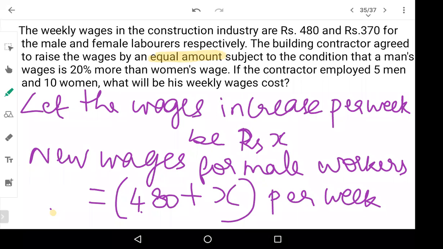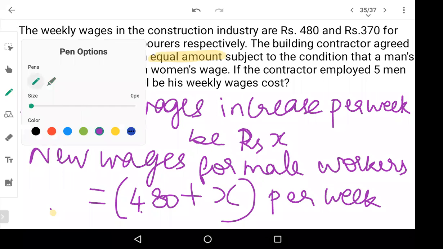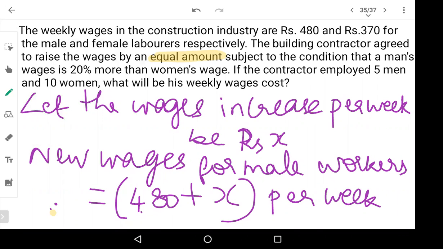Just underline that while you're writing the question. Equal amount they will increase subject to the condition that a man's wages is 20% more than women's wage. So here is the condition. What is the condition? Man's wage is 20% more than women's wage.